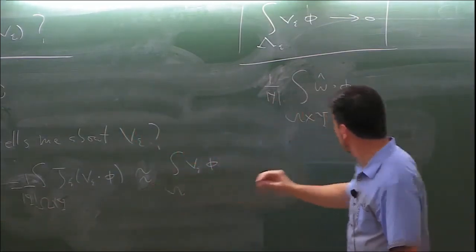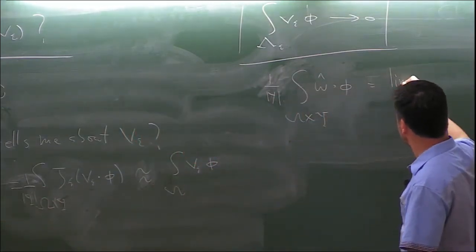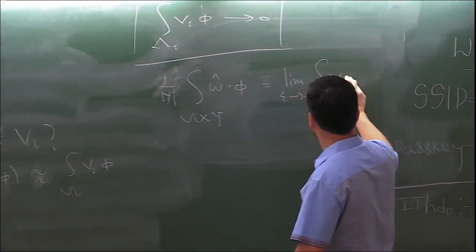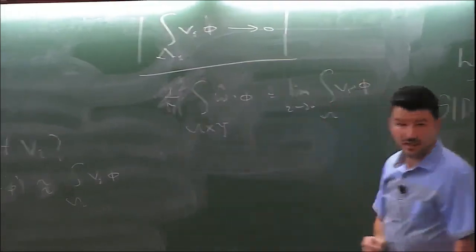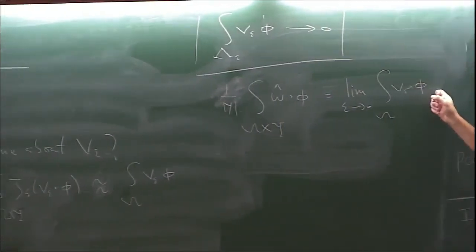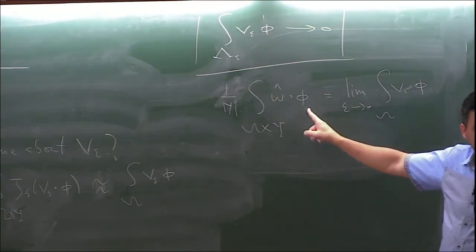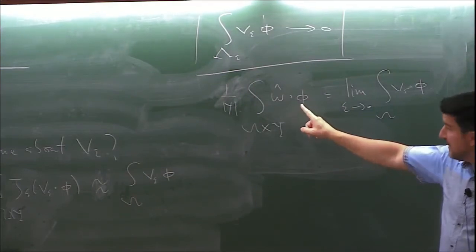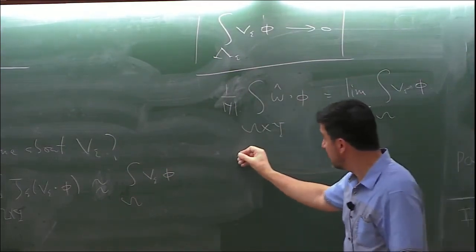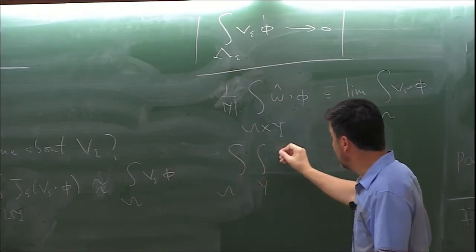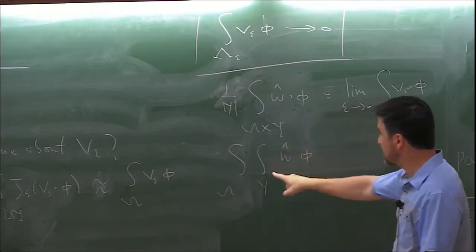The right-hand side is the limit when epsilon goes to 0. I just copy and address the limit, okay? And I can do this for any phi in the space of smooth test functions. So what is the trick now? Phi doesn't depend on y, so this integral is the integral on omega, integral on Y of W hat times phi. Phi gets out of this integral.